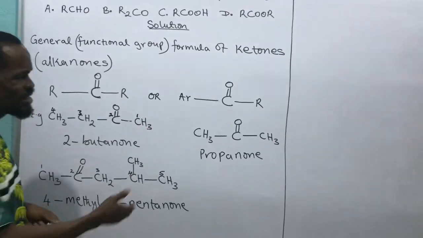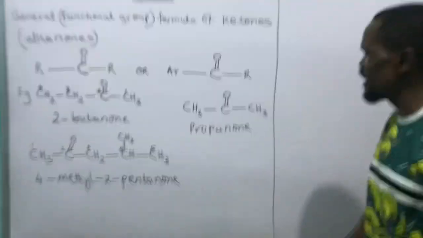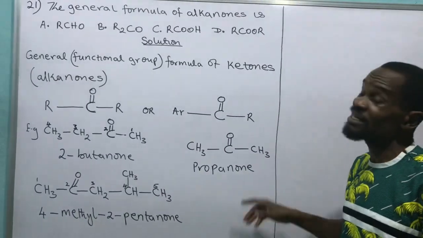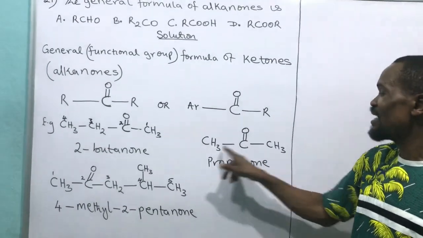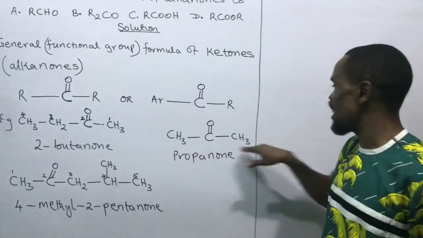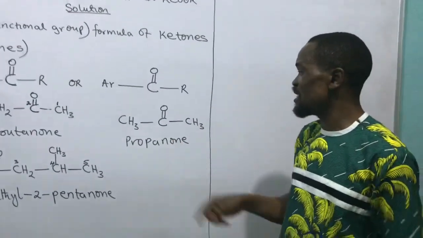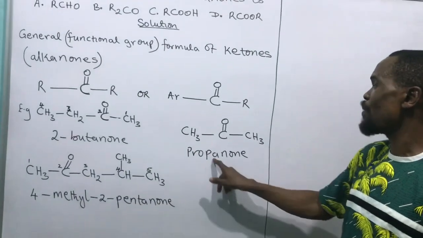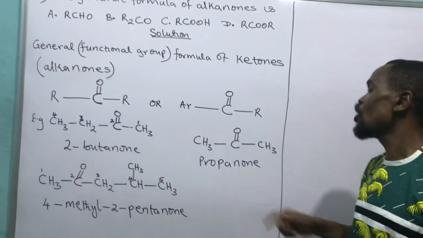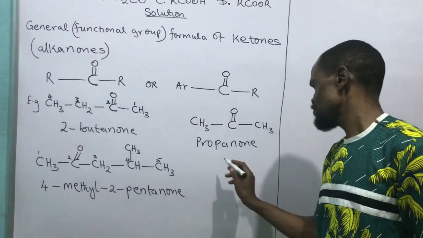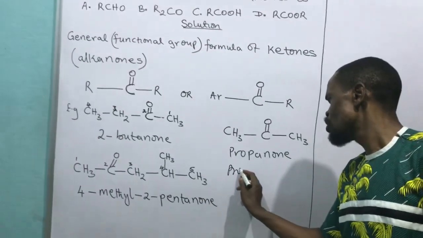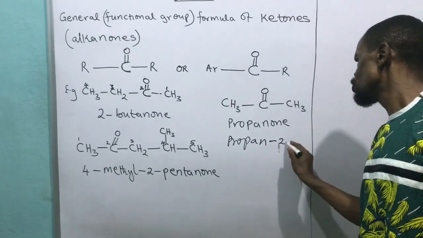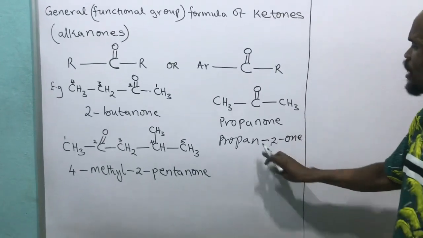Then I come to the same thing here. I give another example. You see the aliphatic, methyl, which is aliphatic. Then I can either call it propanol, or I can call it propan-1-ol, or propan-2-ol.